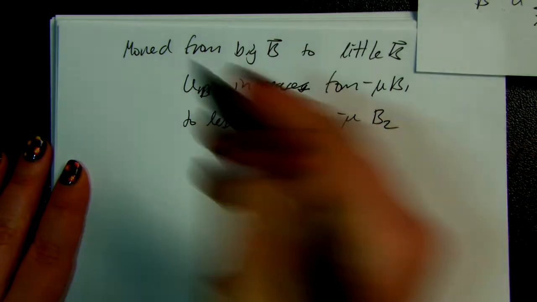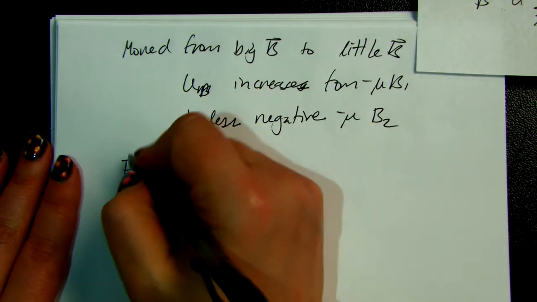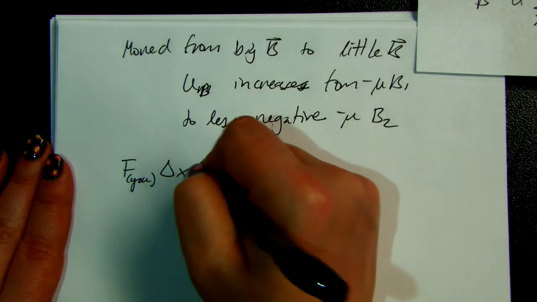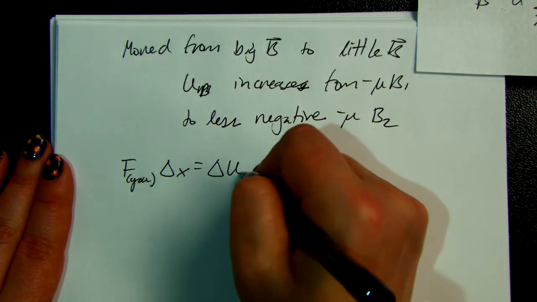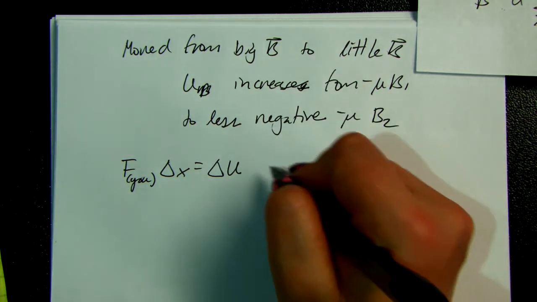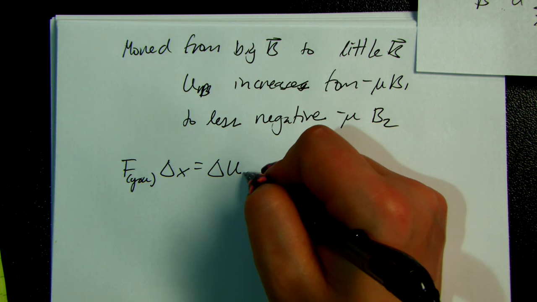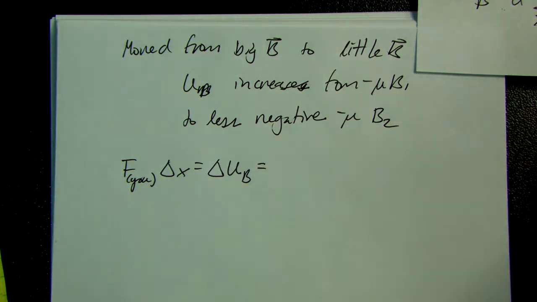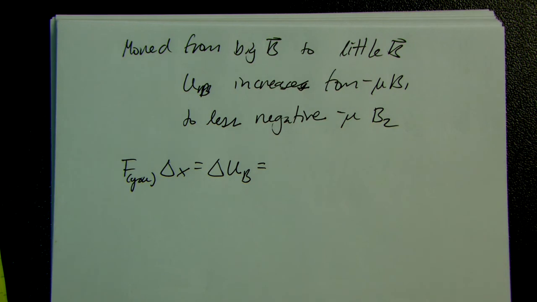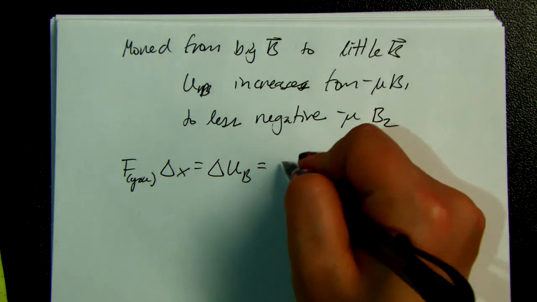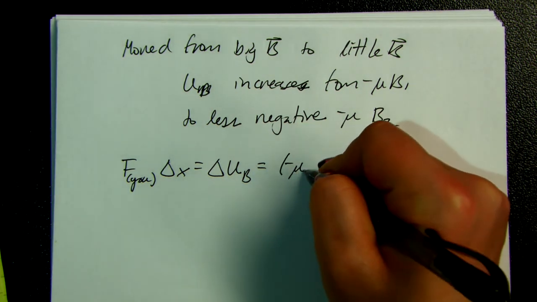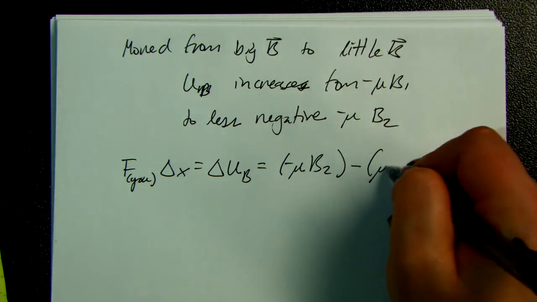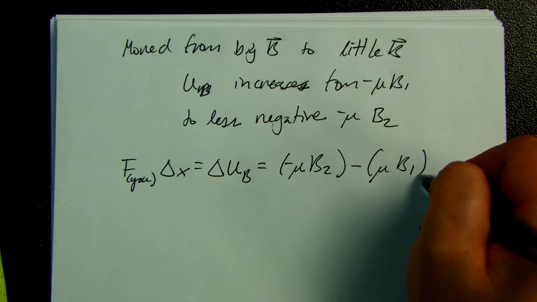All right, so the force from U times delta x is equal to the change in magnetic potential. So if there's no change in kinetic energy, then the work is only changing the potential. So then we have minus mu B2 minus mu B1.